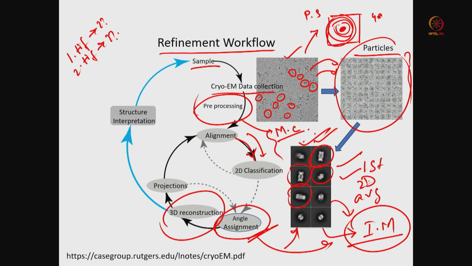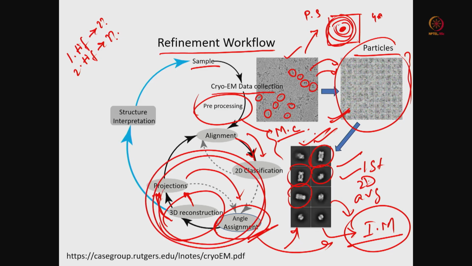When you have the first 3D reconstruction, you generate a 2D projection of this 3D reconstruction. From that 2D projection, again do the angle assignment, because now you have the raw particle set and you have the projection from the 3D object, and then it will help you to align your particles properly, and you go through this cycle a couple of rounds.